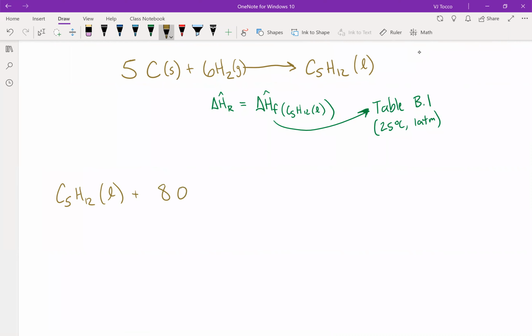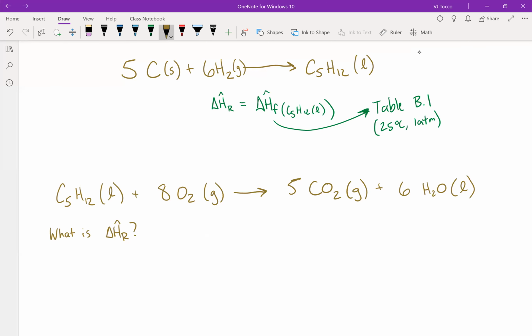The balanced form would be 8O2, oxygen in the gas phase, goes to 5 carbon dioxides, also in the gas phase, and 6 water molecules. We'll say water is in the liquid phase as well, although again, typically for combustion, water would be in the vapor phase. But anyway, say we wanted to figure out the heat of this reaction.